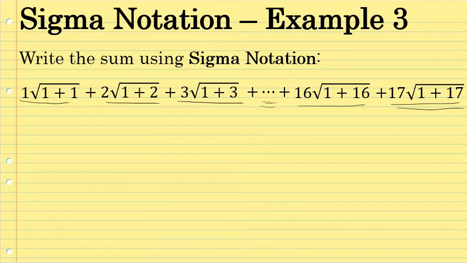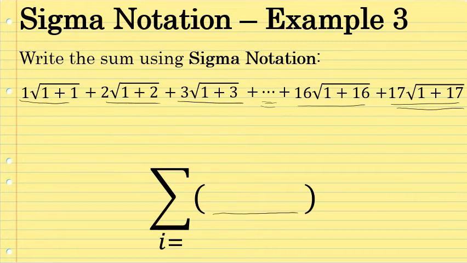To write this using sigma notation, there are a few things we have to identify: the lower bound, the upper bound, and the expression that is being summed. When I take a look at this sum, I can see that there's one part that is constant throughout the sum.